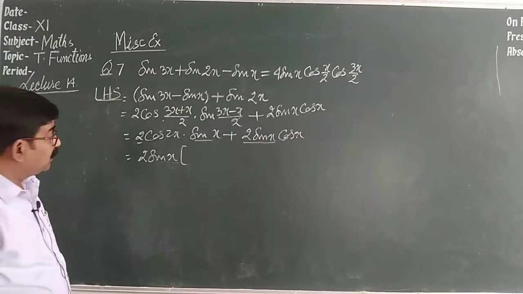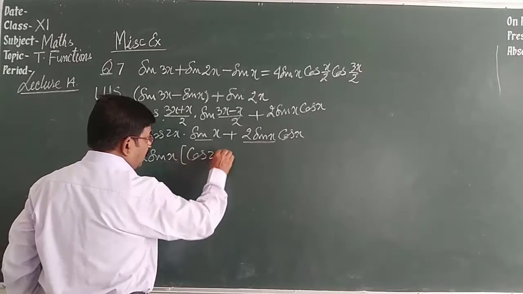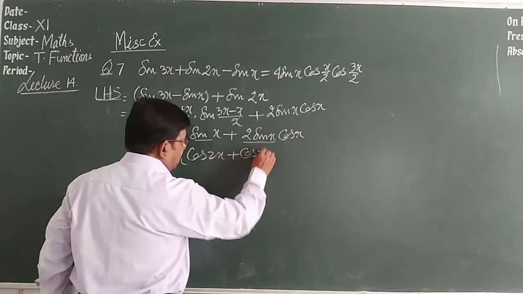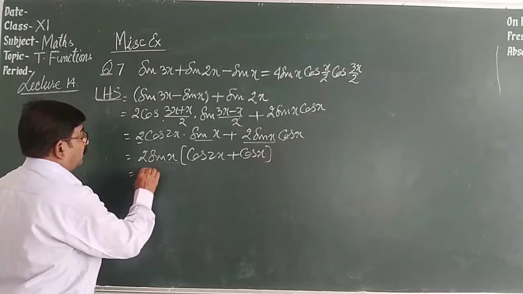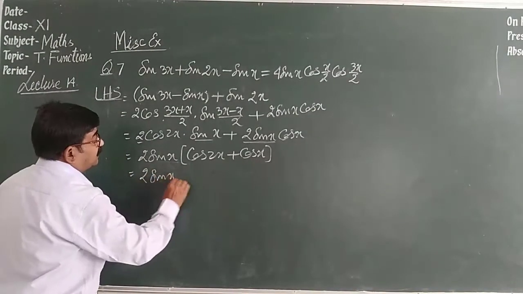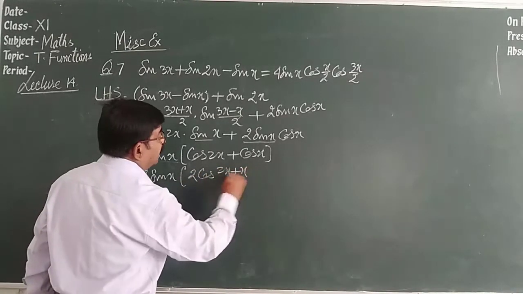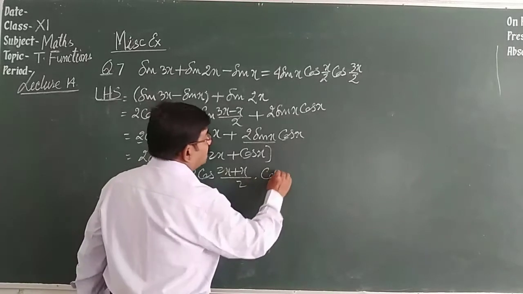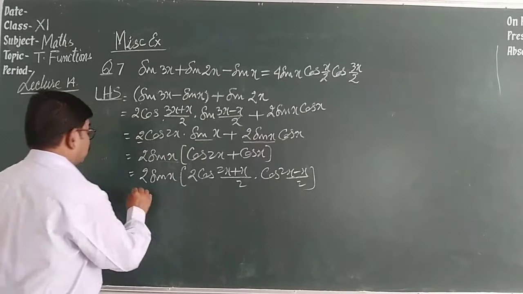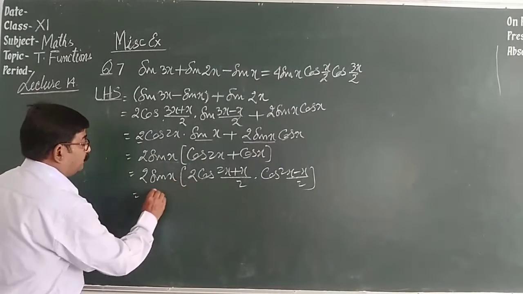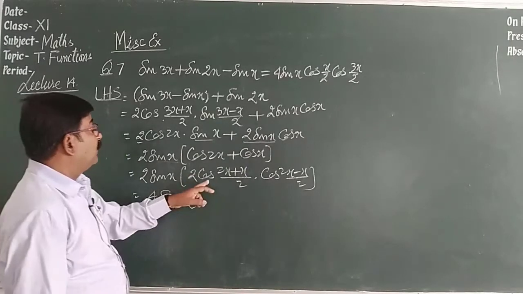What is left? Cos 2x plus cos x. Again this can be broken using the cos A plus cos B formula. So we have 2 sin x, here 2 cos (2x plus x) by 2 cos (2x minus x) by 2. See, this is 2 into 2, that is 4. Sin x is out.